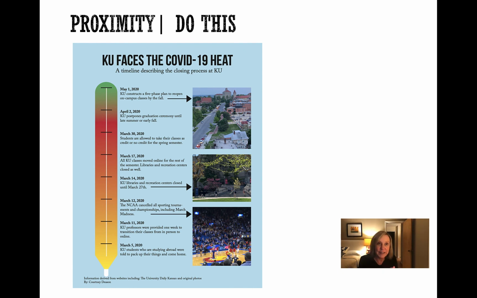One of the ways to solve an alignment problem is to put space between elements that are not connected. All of these elements are connected, of course. They're connected to the timeline and the thermometer. But each one of these discrete little groups of text forms a unit.